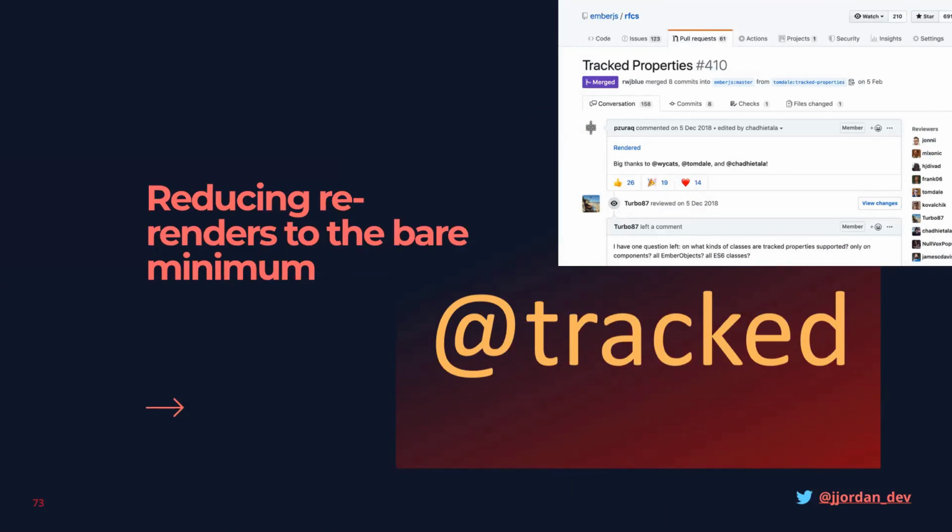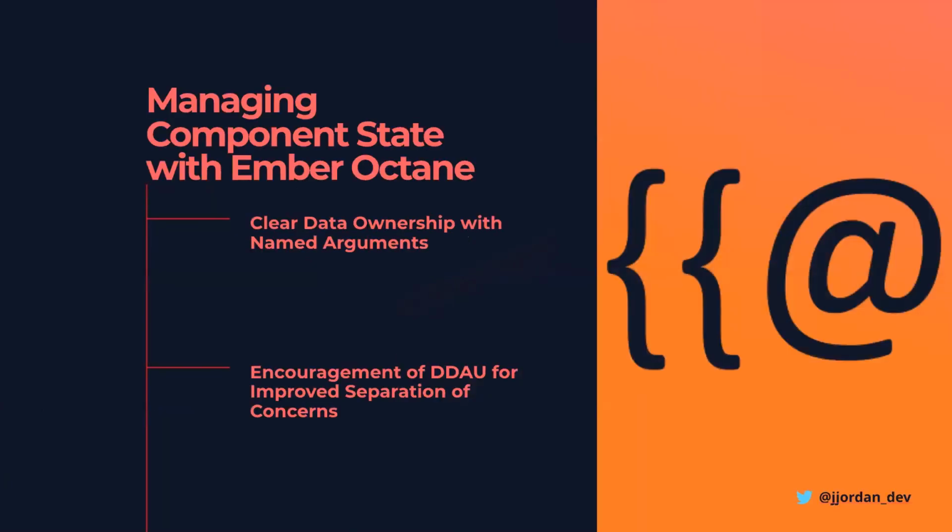And by making this explicitly opt-in, it's also much easier for you not to forget about a certain property not updating a certain part of the template. This is also really great because it trims down the amount of rendering in your page automatically. And with this said, just a quick recap of what we covered so far.